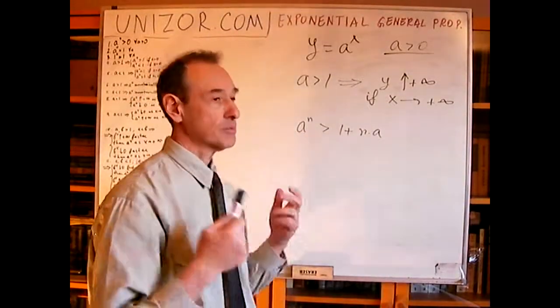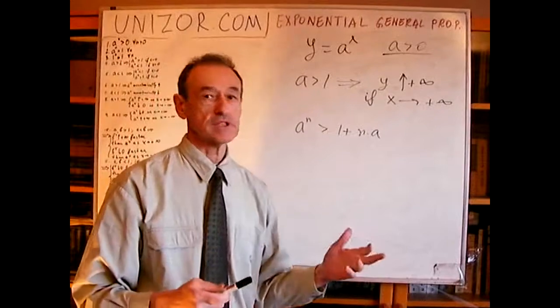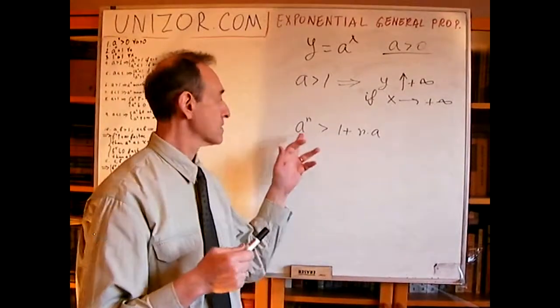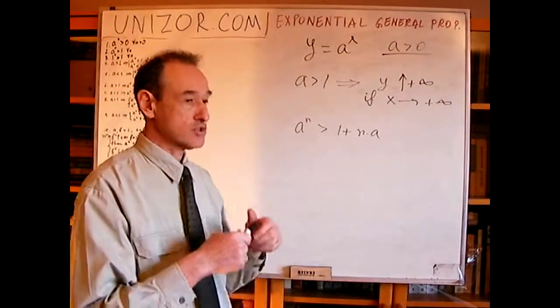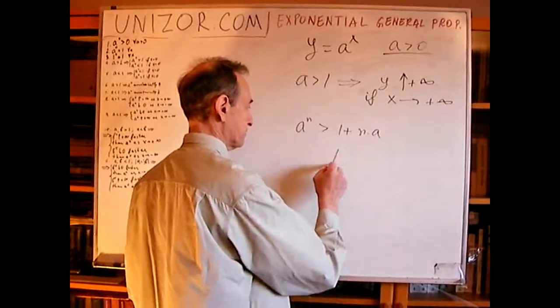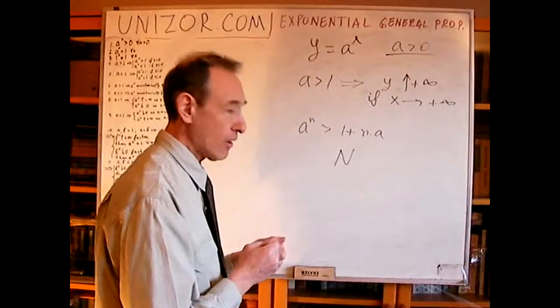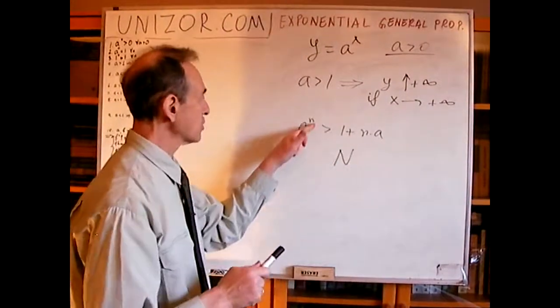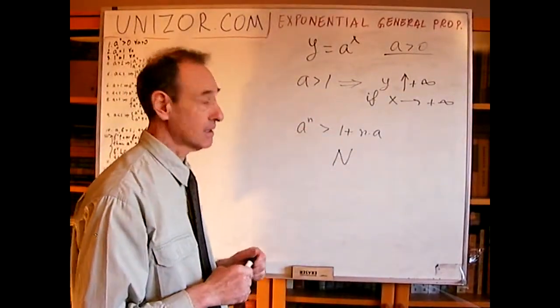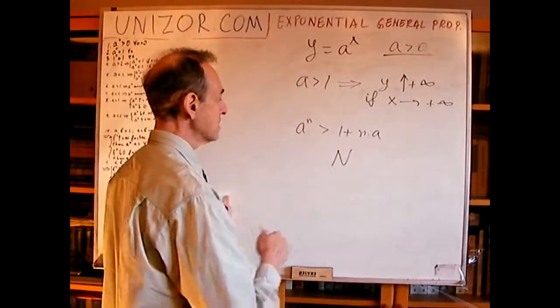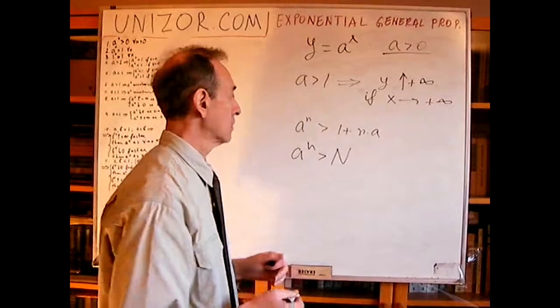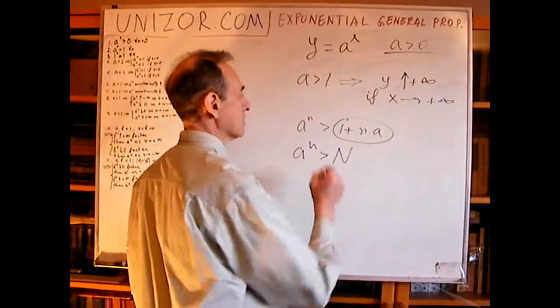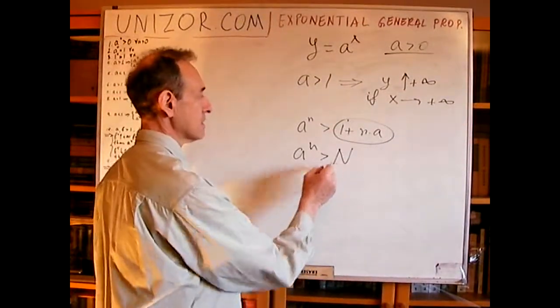Now, how can I prove that this thing goes to infinity with increasing exponent n? Well, very easy. Let's choose any number N. And now I'm going to find such a number, lowercase n, that this thing exceeds this one.